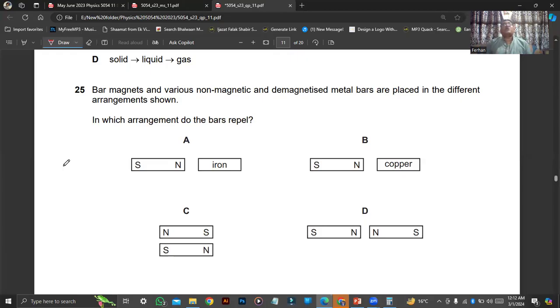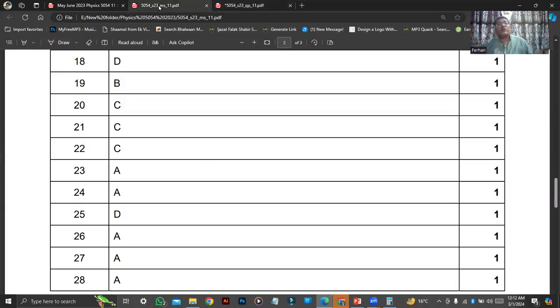When the same poles of the two magnets face each other, they repel each other. So repulsion will happen when the two bar magnets come close to each other in such a way that their same poles are facing each other. So I think D is the best option. Question number 25, D is the right option, sir.